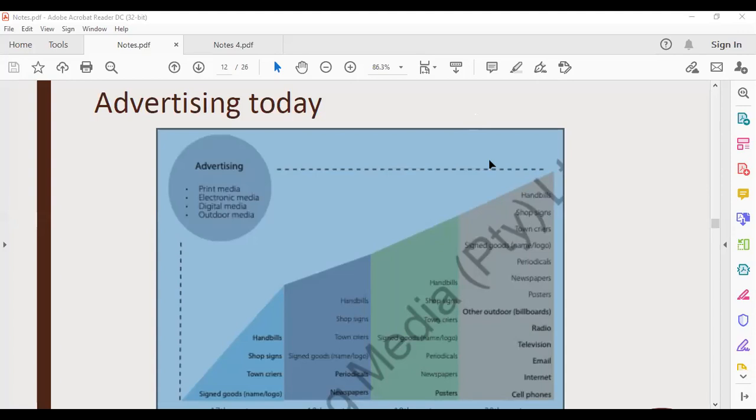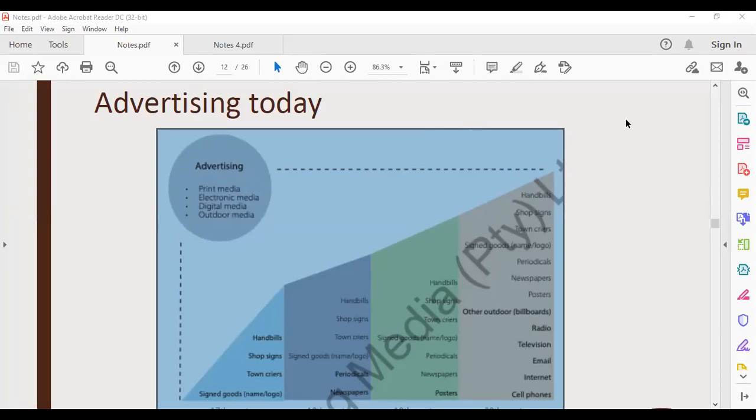No questions. Okay. So now let's look at advertising today. Now, what is happening now? So advertising today, we have print media, which is your newspapers, magazines, journals, books, etc. Also, you have electronic media, your radio, your television.